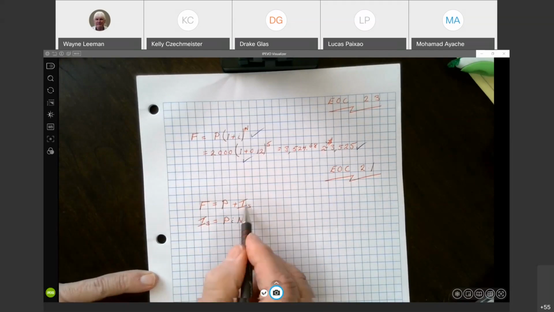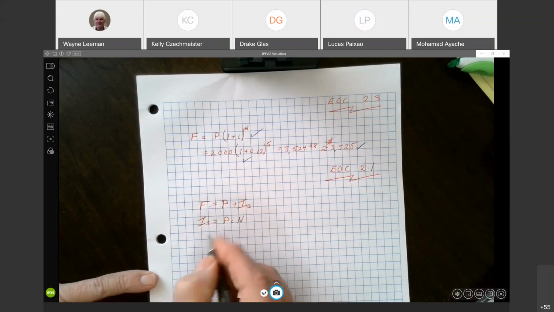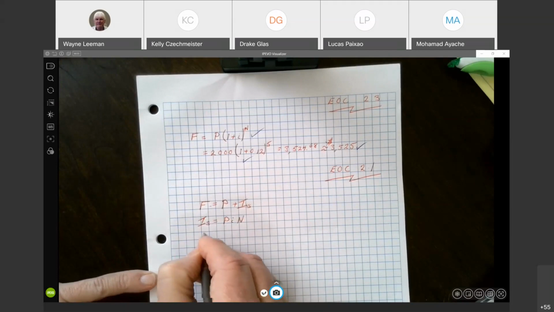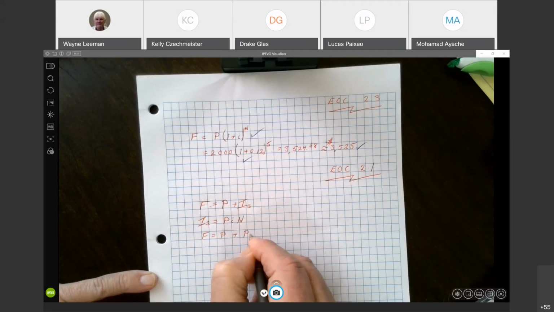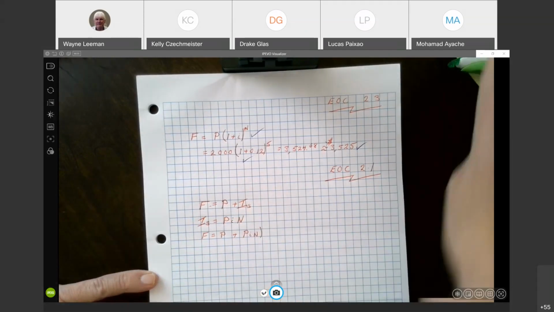So we could substitute that into this formula here, if you will, and I'll rewrite it here. F would be equal to the present amount plus the present amount multiplied by the interest rate by the number of compounding periods. Don't really need a bracket there.